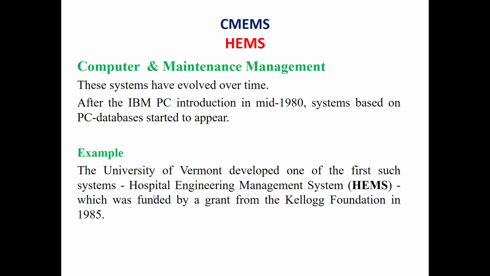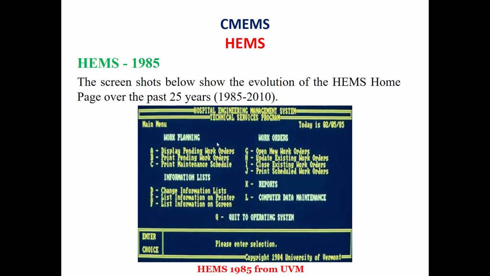This system is called Hospital Engineering Management System, or HEMS. It was founded in 1985. We can see here a screenshot of the main page, which was used from 1985 till 2010.